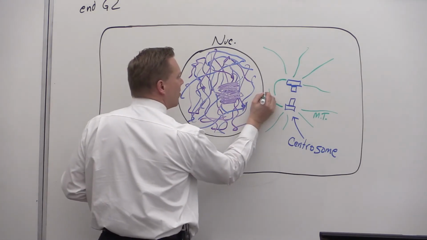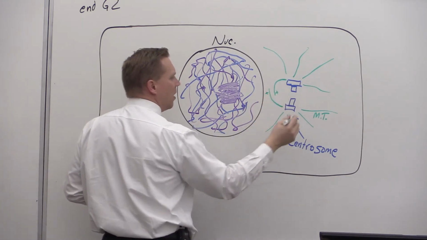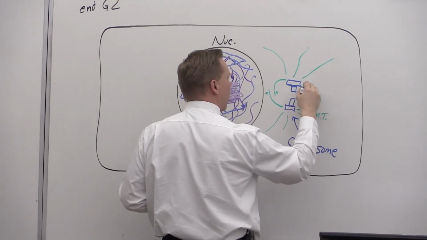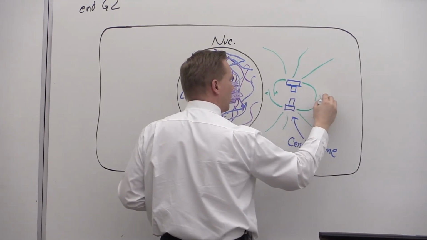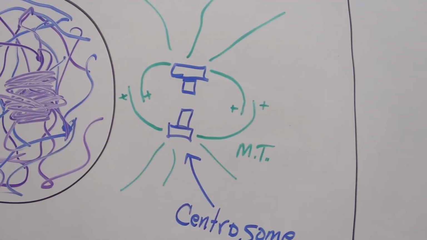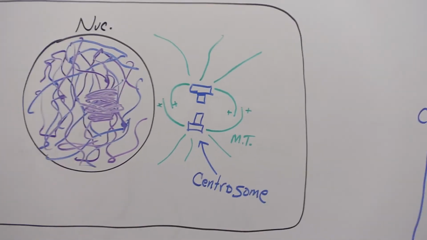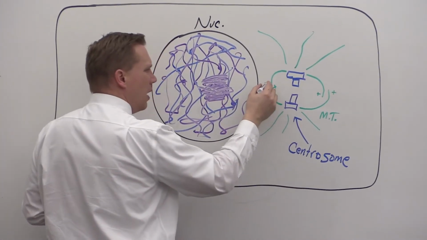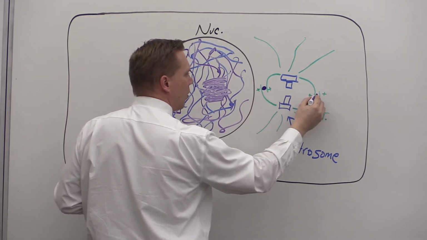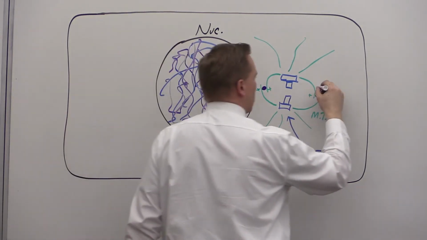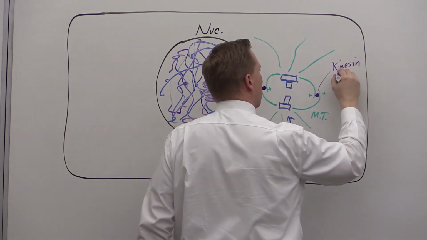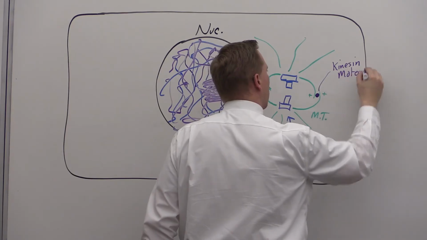The plus ends are right here on the end of it, and then over here, let's draw a couple more. Plus end here, plus end there. And what happens is there is a motor protein right here. It's a kinesin. Kinesin motor protein.